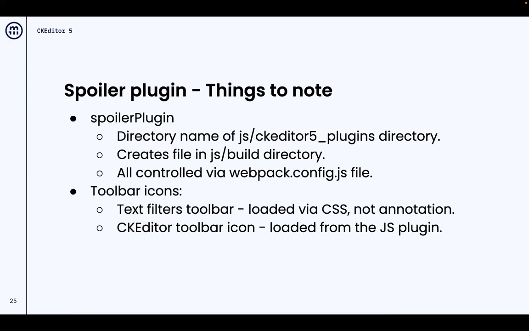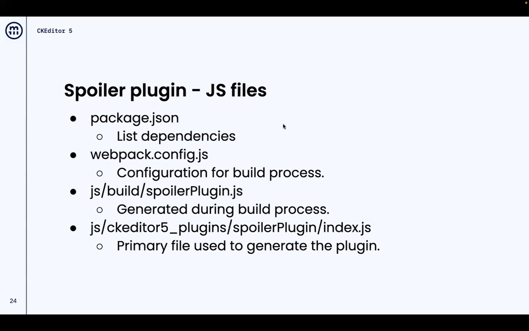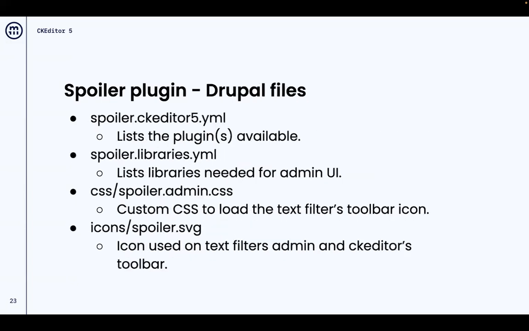When the build process runs, it creates a file with that name, with the .js extension, in the js/build directory. But all of that is controlled by the Webpack config file, which took a little reading through and playing with to work out and get that straight in my head. And then I forgot to note, but that file then is listed in the CKEditor 5 YAML file that we'll see in a moment.